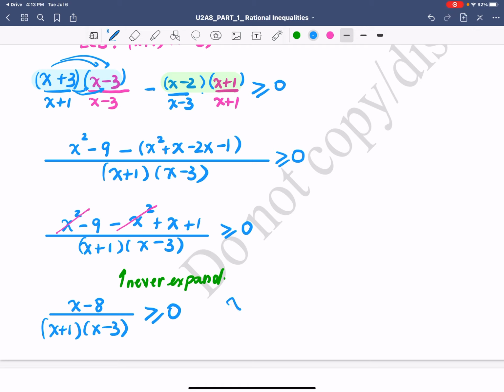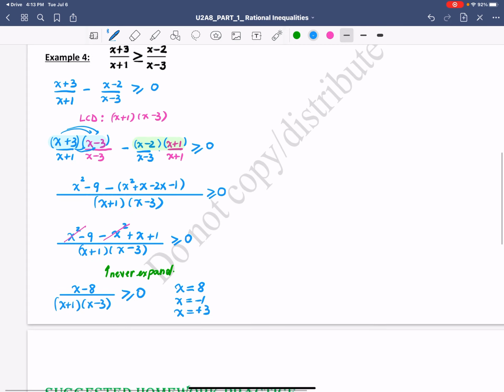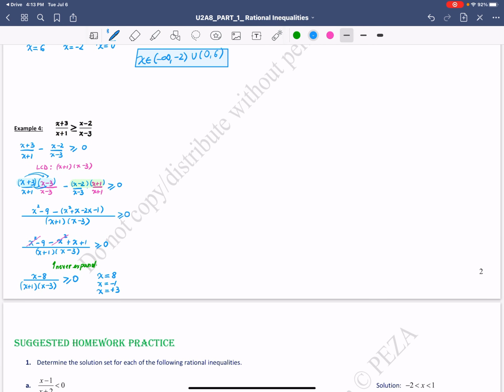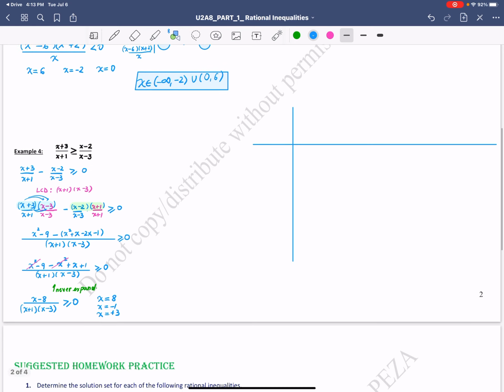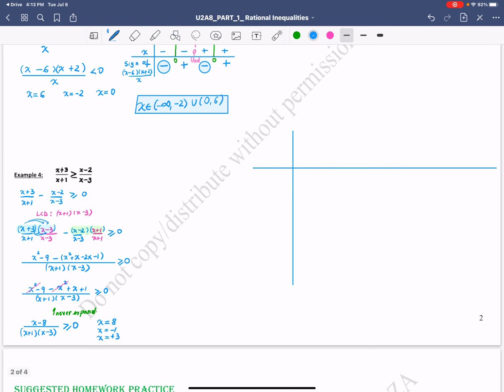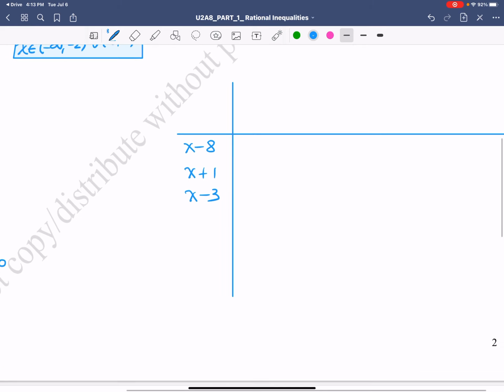Here go the zeros. x equals 8, x equals negative 1, and x equals positive 3. Number line, here we come again. I'm going to draw a long, long line and a long vertical line to host my 3 factors, which are x minus 8, x plus 1, x minus 3.